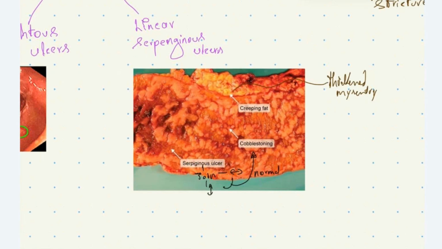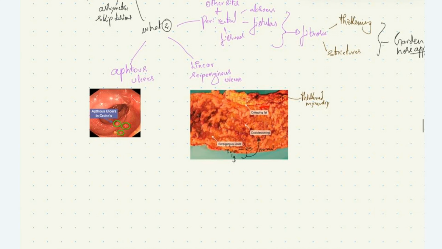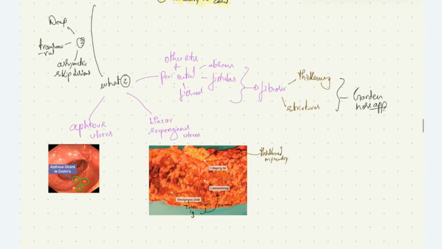Due to the inflammation in the GIT, the mesentery can get thickened, leading to creeping fat appearance, which is seen in Crohn's disease. And also in the perirectal region and other sites, we can note abscesses, fistulas, and fissures.